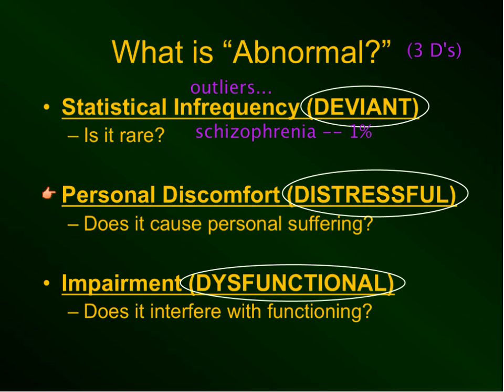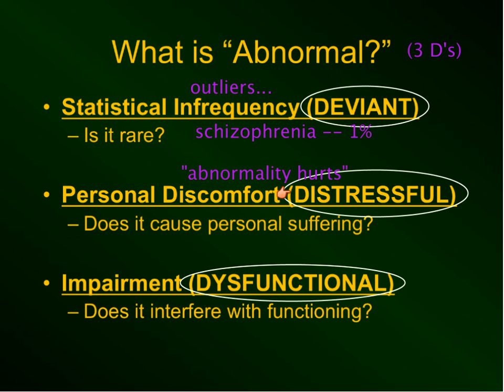Number 2, there is personal discomfort or distress. It causes suffering. The way that I think about the second D is I remember the phrase, abnormality hurts. Okay? The person with schizophrenia is bothered by, is suffering because of the symptoms. They don't wake up in the morning and say, oh, good, the voices are still there, right?